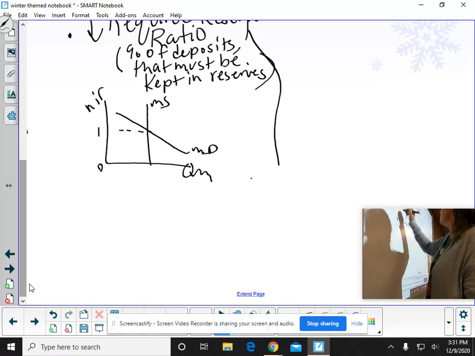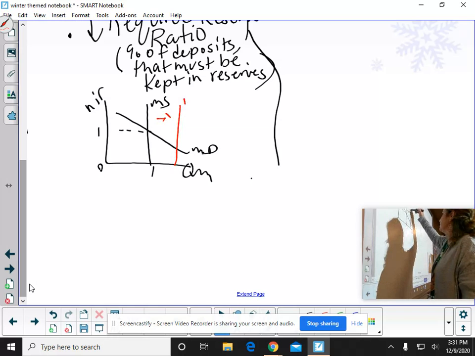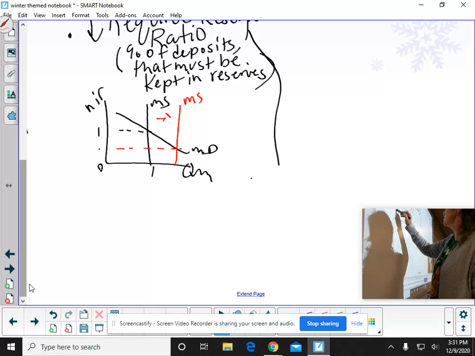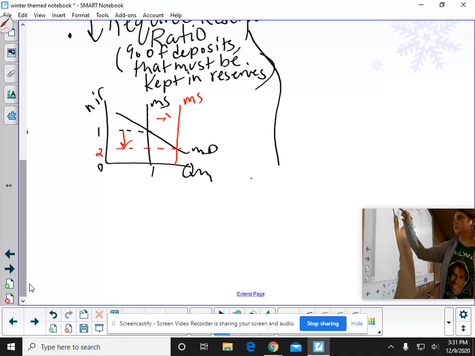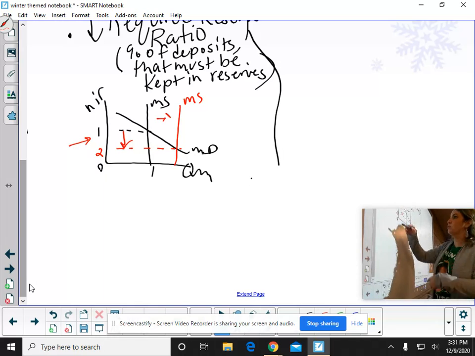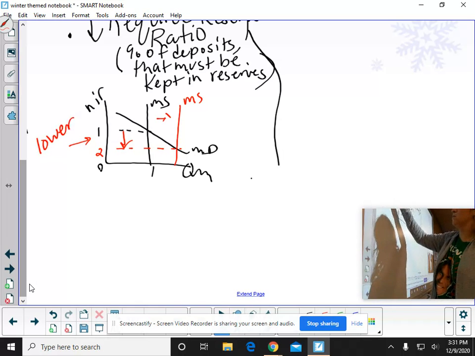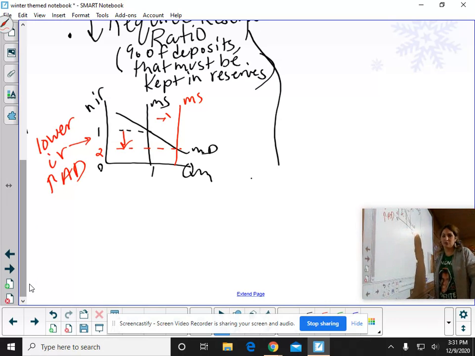And these actions of the Federal Reserve increase money supply, which lowers the nominal interest rate. And that will increase aggregate demand. So lower interest rates increase aggregate demand, and bam, we are out of a recession.